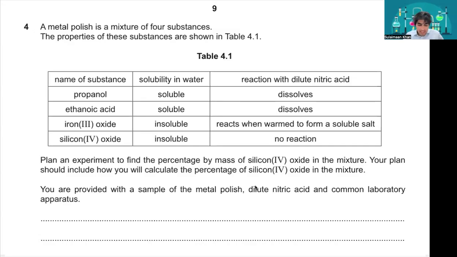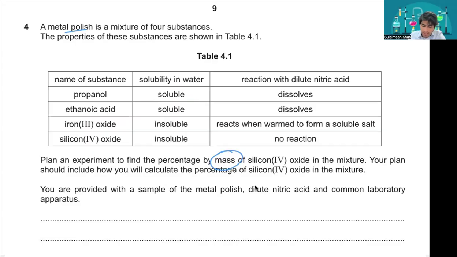Okay, let's do this again. If you see this question, it says plan an experiment to find the mass. I'll have to measure the mass of the metal polish, take a known mass, maybe like 10 grams. Then you perform solubility with water.